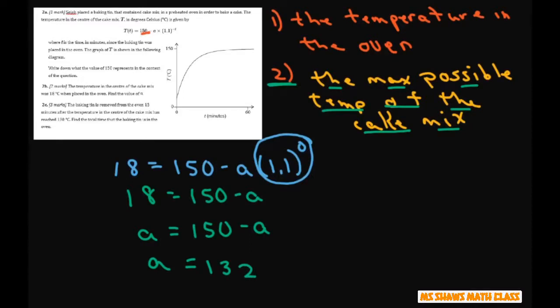All right, and for the last part, we have to look at this, find the total time that the baking tin is in the oven. Basically, what we're trying to find is t. And I'm going to plug in 130, that's 15 minutes after the temperature in the center of the oven was reached, 150.